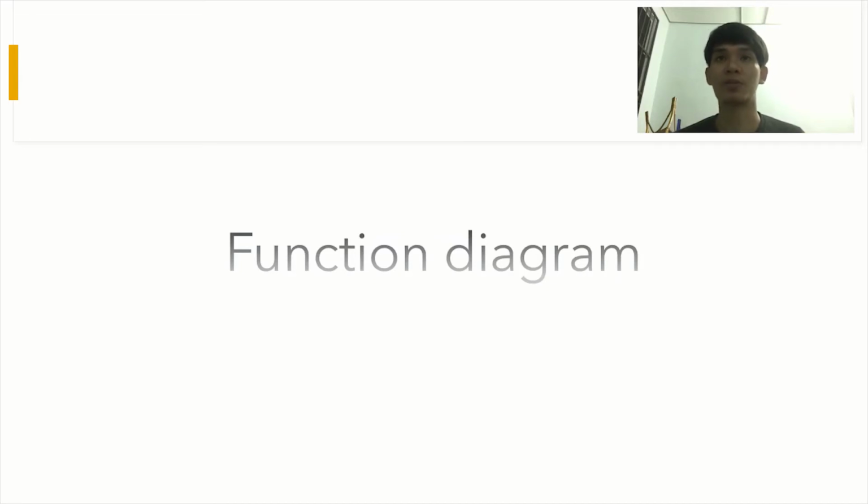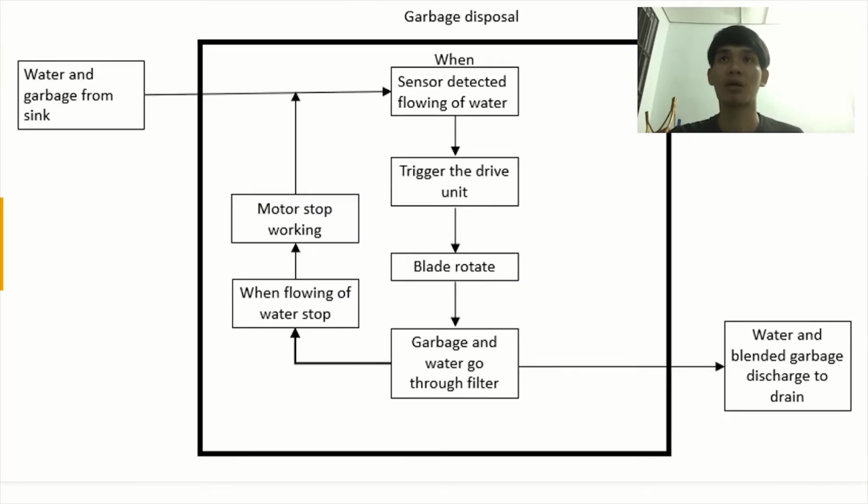Today I would like to present the function diagram and morphological chart. For the function diagram, the garbage disposal system works when the water and garbage from the sink flow into the garbage disposal system. The sensor detects the flowing of water, then triggers the drive unit and the blade rotates.